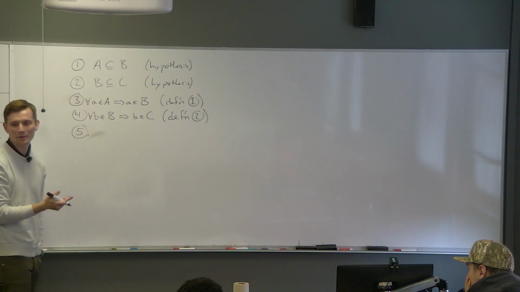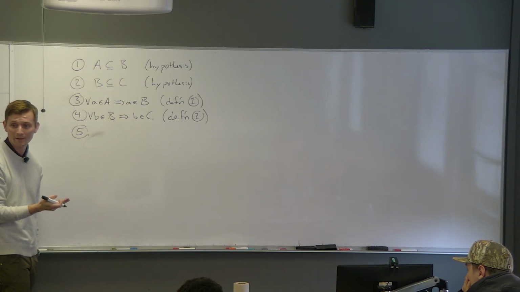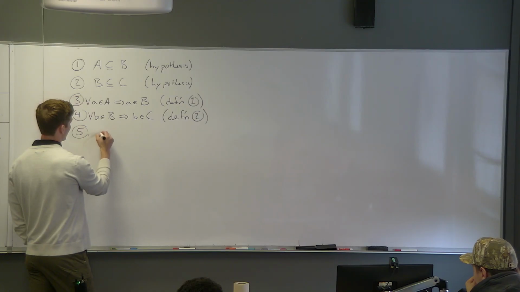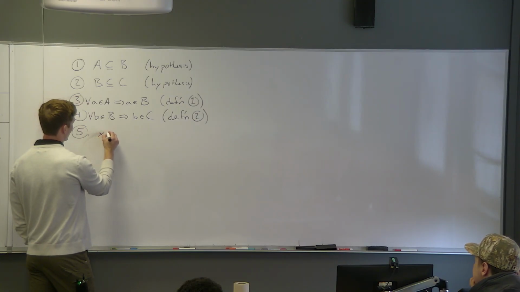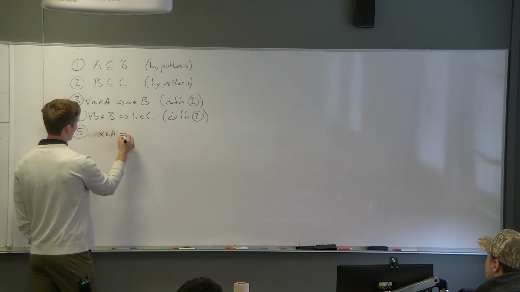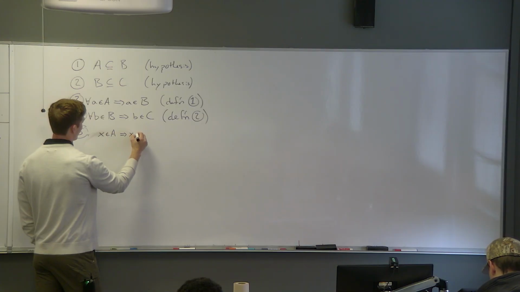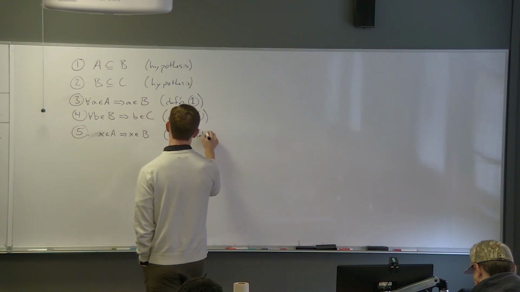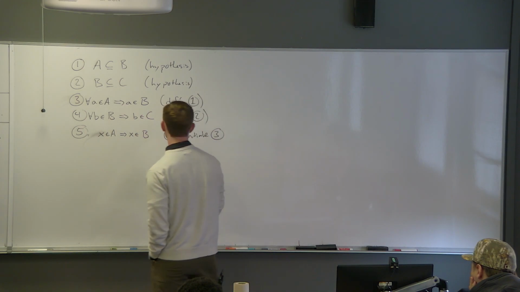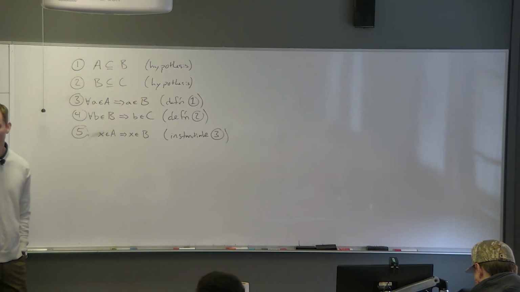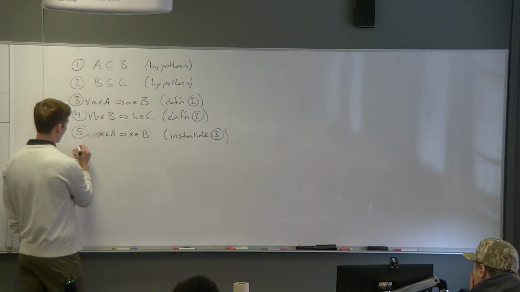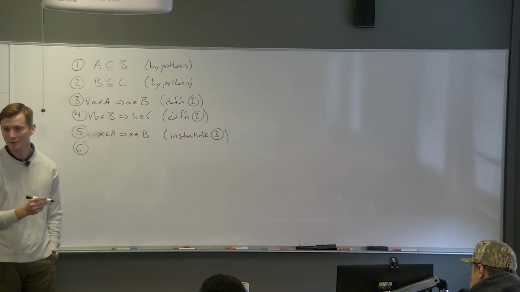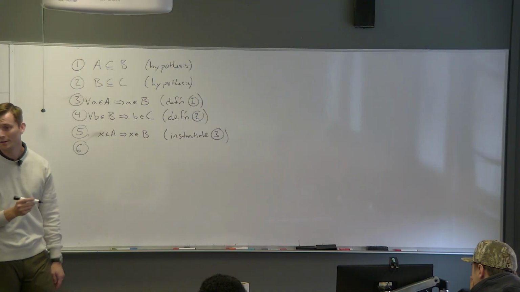pick, and basically what I'm going to say now is that you pick one of the elements of A, instantiate. We instantiate 3, and then we take from there, and we use this instantiation in the next one, yeah?